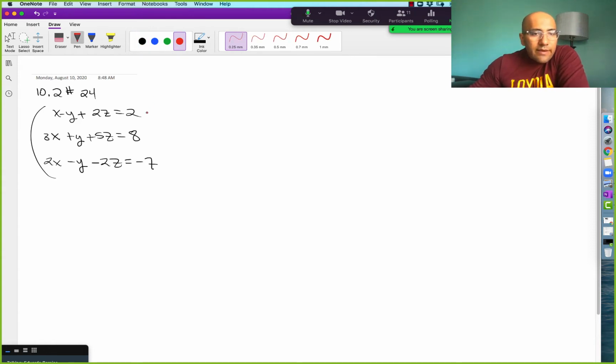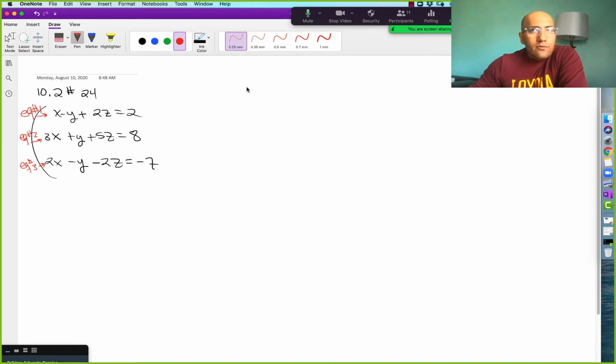What I mean by that is, if I label these as equation number 1 is this one, equation number 2 is that one, and equation number 3 is that one, you're going to pick two different groupings.